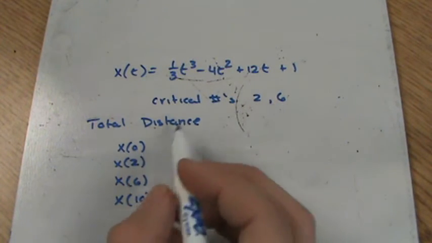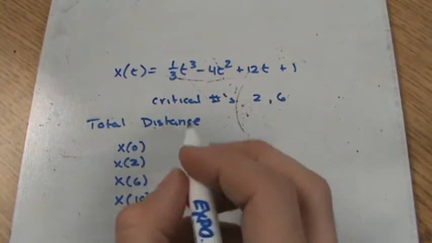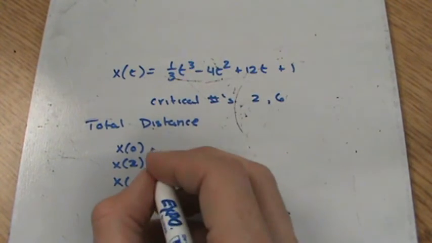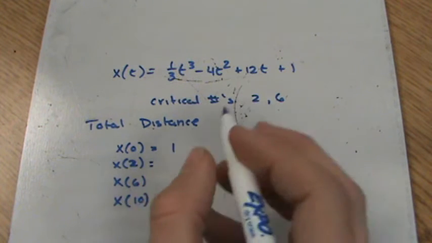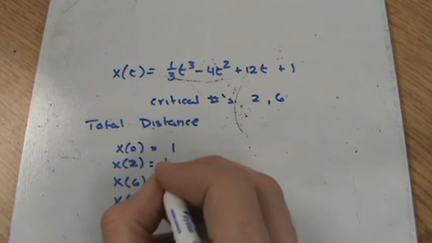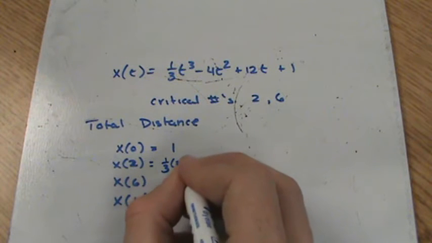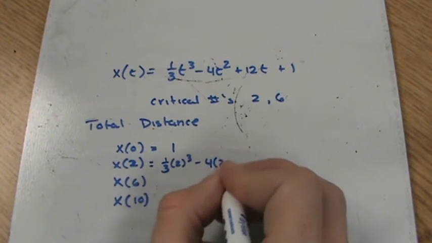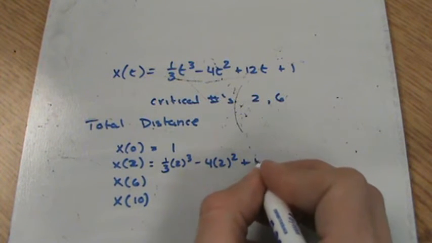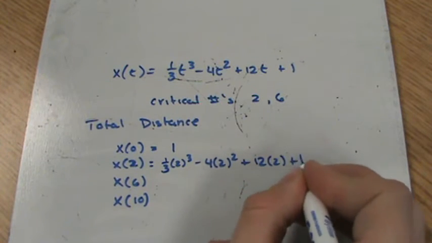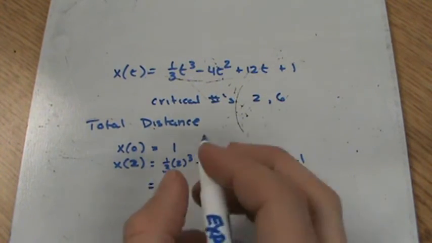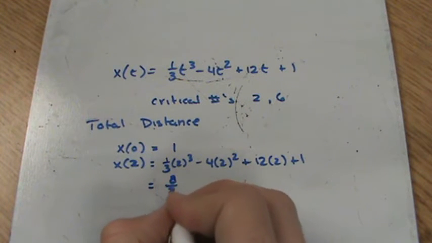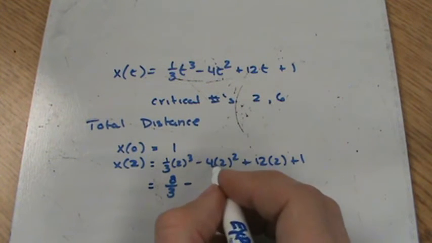So bear with me, these numbers get a little large. If I put 0 in, I get 1. That shouldn't be too hard. But 2 in, I'm going to end up getting 1/3 times 2 cubed minus 4 times 2 squared plus 12 times 2 plus 1. All right, well, let's simplify that out. This gives me 8/3 minus 16.